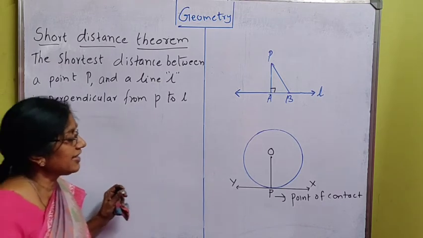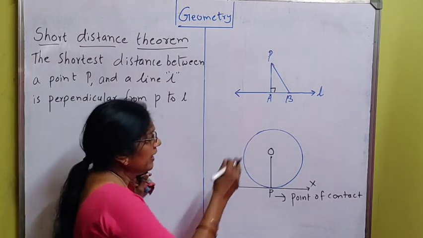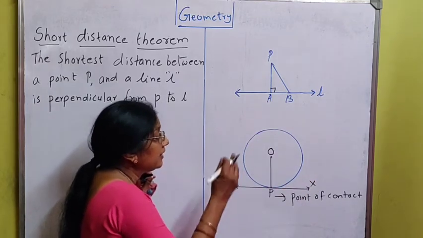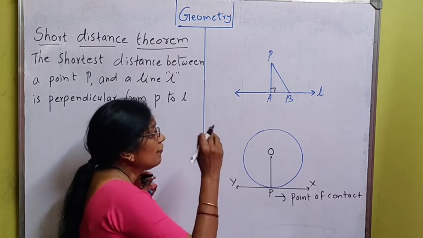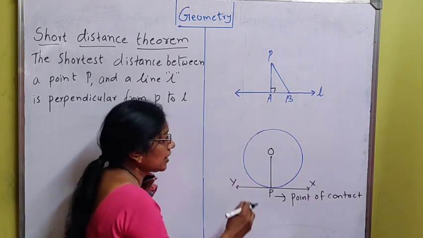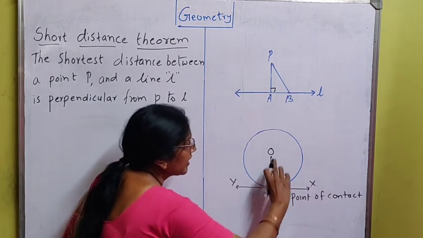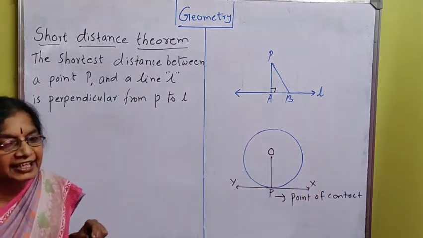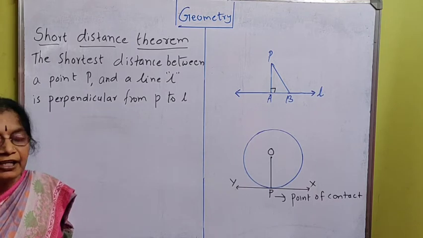What does the theorem say? If a circle is there and a tangent is drawn, then the line drawn from the center of the circle to the point of contact, that is OP, is perpendicular to the given tangent. That is the statement of the theorem.